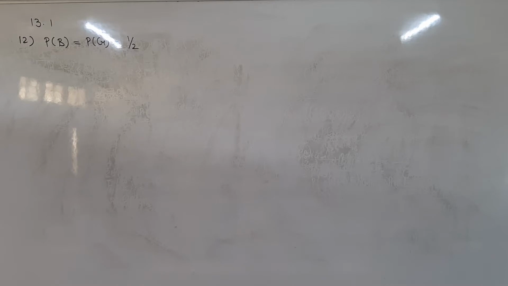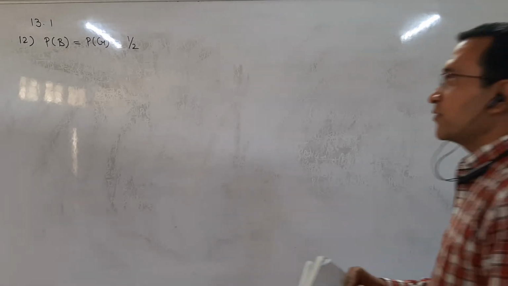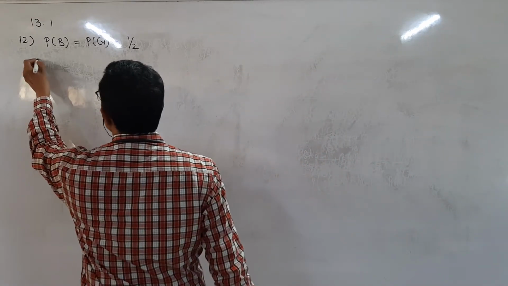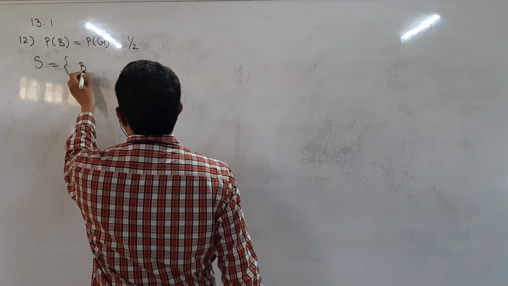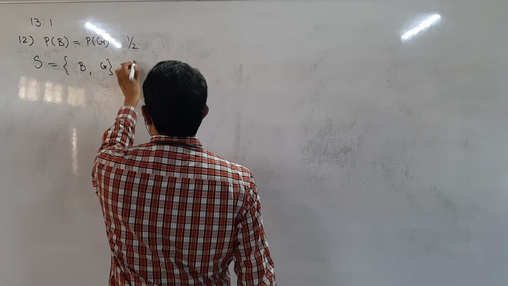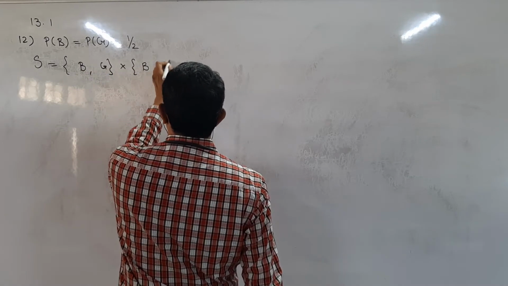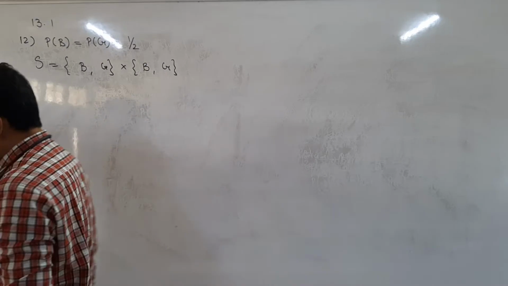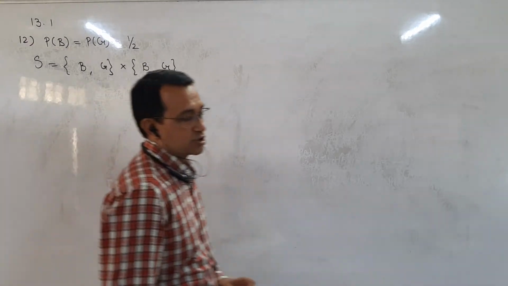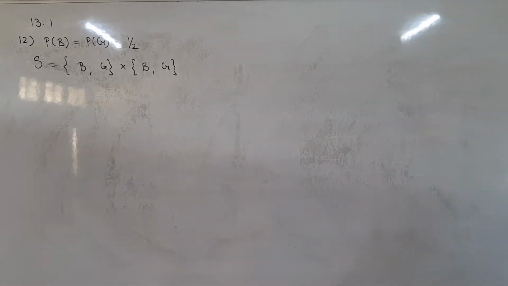If a family has 2 children, what is the conditional probability? First of all, sample space of children is very similar to sample space of points. The outcome is either a boy or a girl. So for the first child also we have 2 options, and students, for the second child also we have 2 options, either a boy or a girl. So sample space of children is in parallel with sample space of tossing a coin.